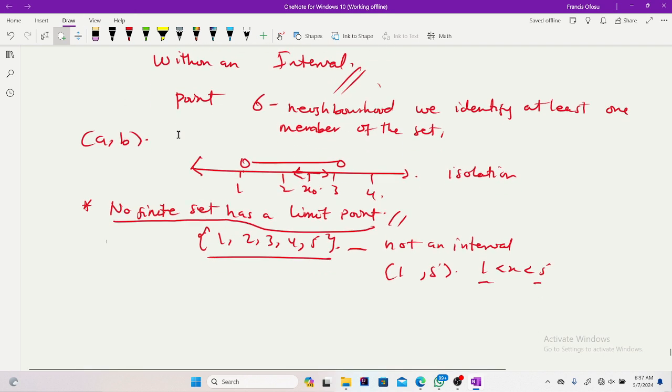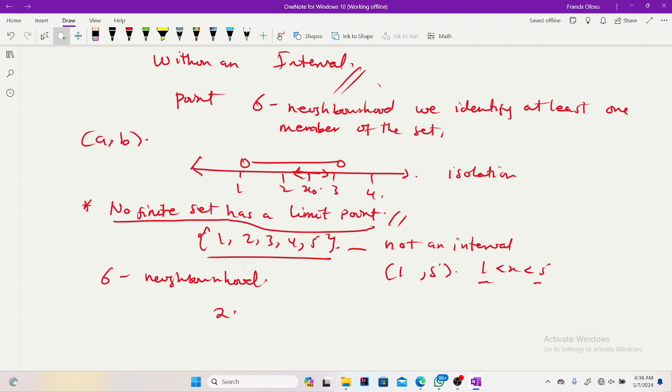To prove this, as I said in the definition of a limit point, when you take a delta neighborhood around any point chosen as a midpoint, we should find at least one of the other members within. So let me choose 2.